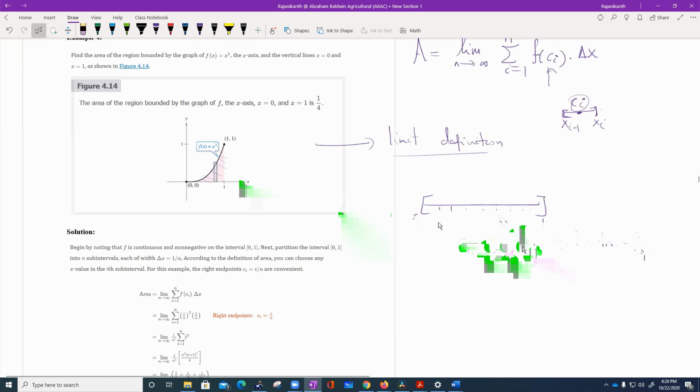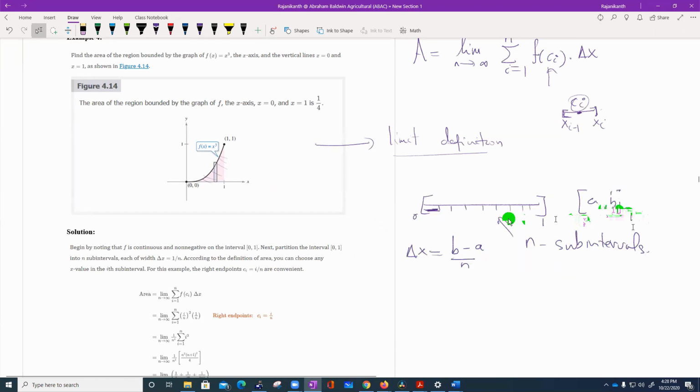So how do you find the length of each interval? Simply, that is denoted by delta x, and the formula says that it is b minus a over n. So what are a and b here? a and b simply are the endpoints of the given closed interval, right? So in this case, a is 0 and b is 1.